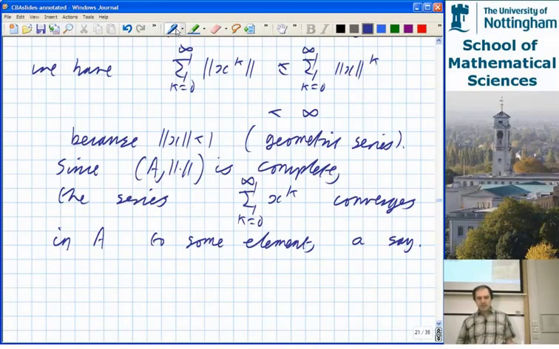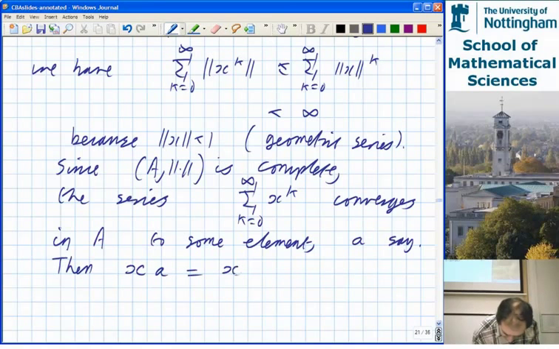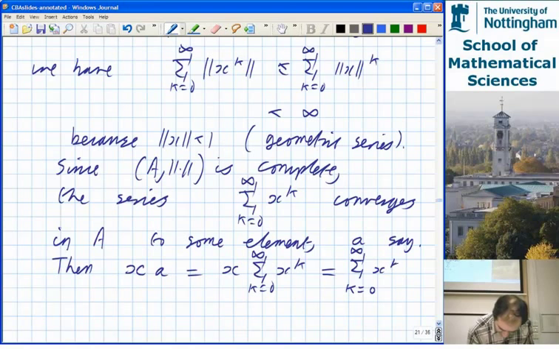But now, let's look at what x times A is. X times A is x times the sum from k equals 0 to infinity of x to the k. And because multiplication is continuous, you can bring the x inside, and that's the sum from k equals 0 to infinity of x to the k plus 1.